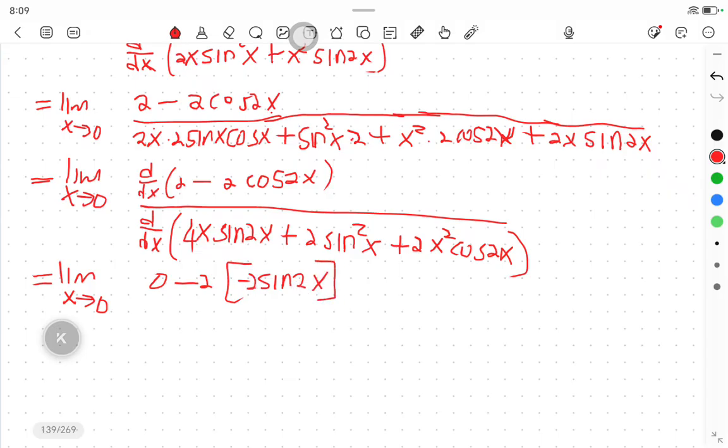So this will just be 4 sine 2x. You see right now, here I'll just be having 4 sine 2x, all over. When I derive this, we see that I can keep one, derive the other, right? Let's say I keep 4x, I derive sine 2x.